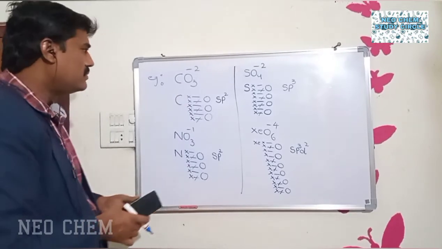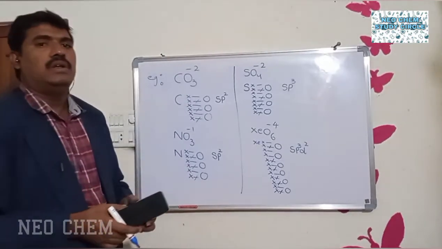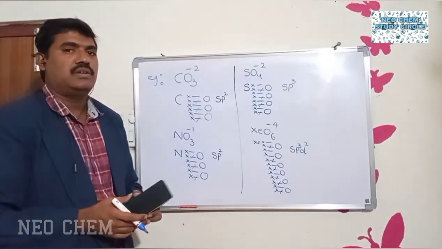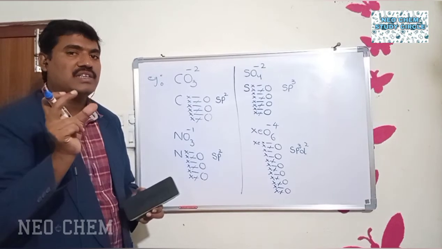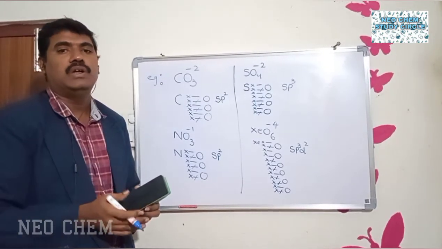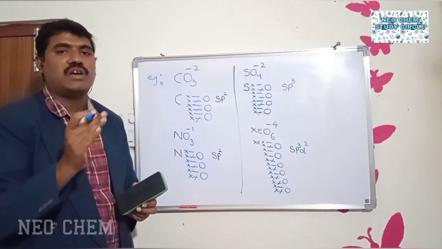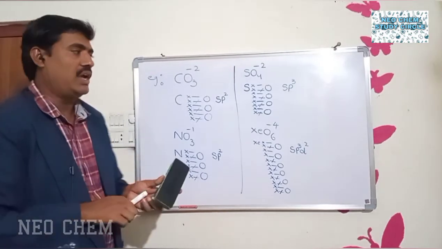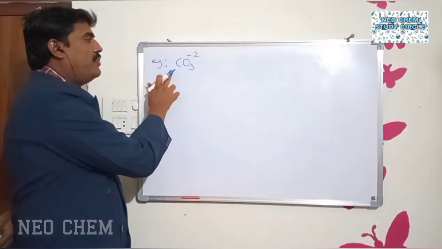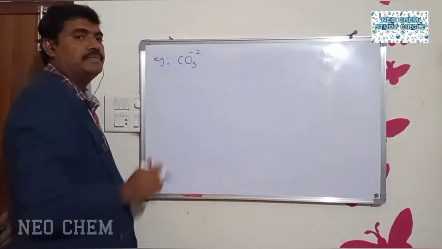Okay, now actually a lot of students are unable to write the structure of the ions. Now let us see how to write the structure of the ions. For example, carbonate ion.